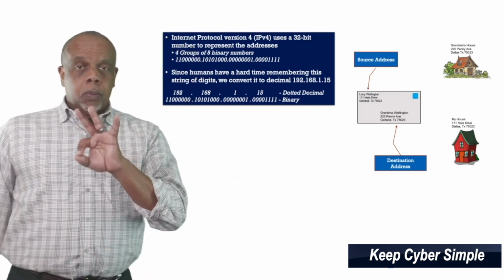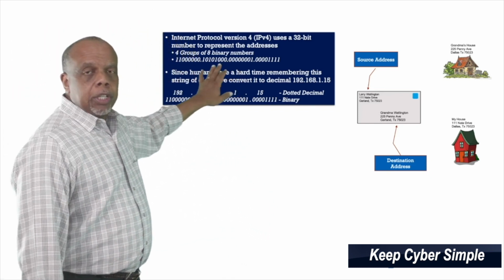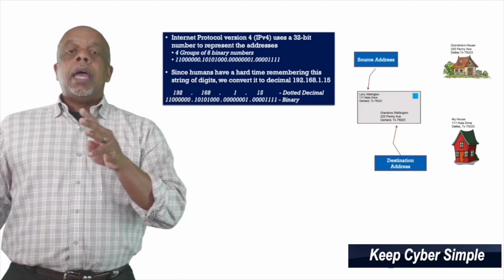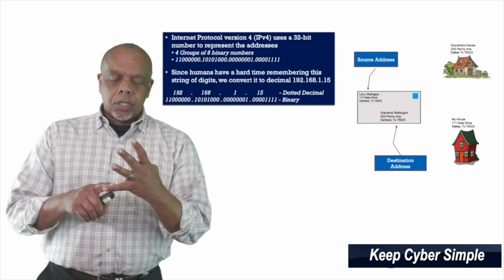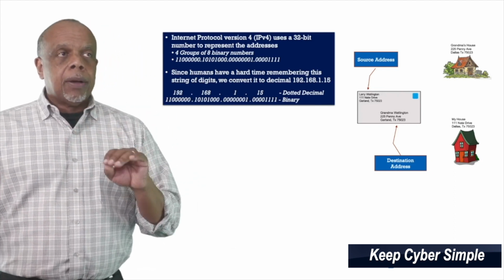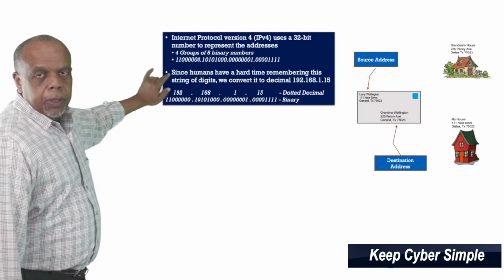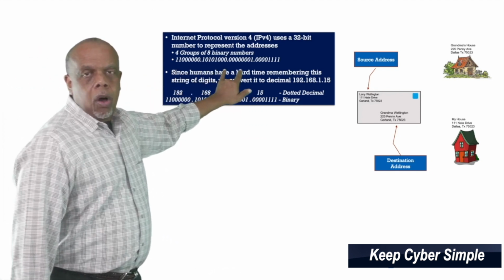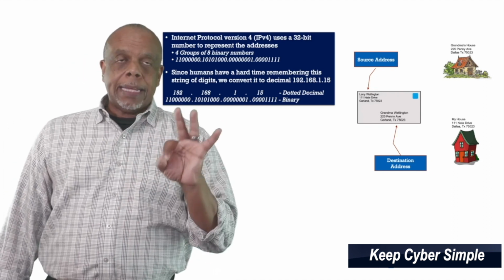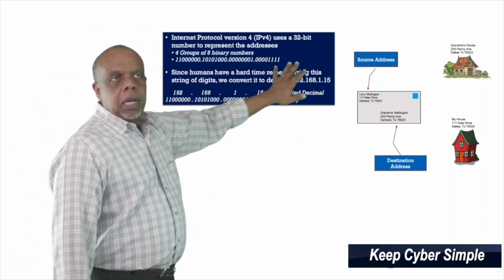Now, what we do, we take those 32 bits and we break them up into 4 groups, and each group has 8 bits. So we got 4 groups of 8 bits, okay? And each of these groups of 8 we call octets.